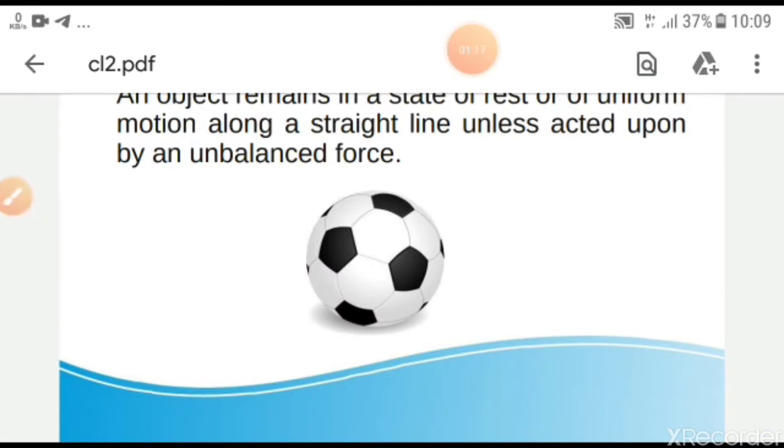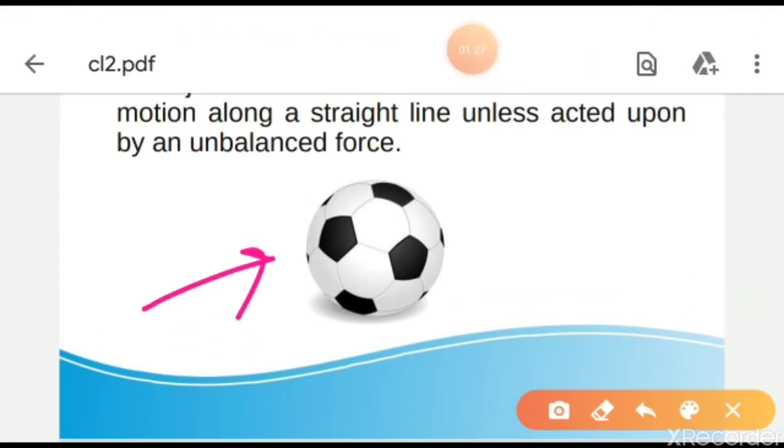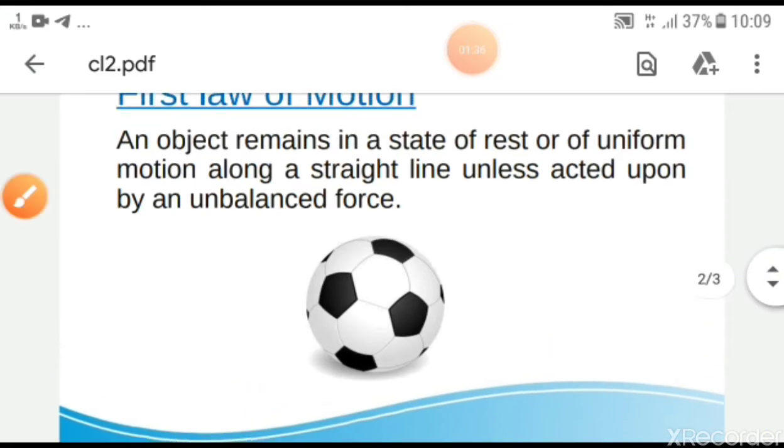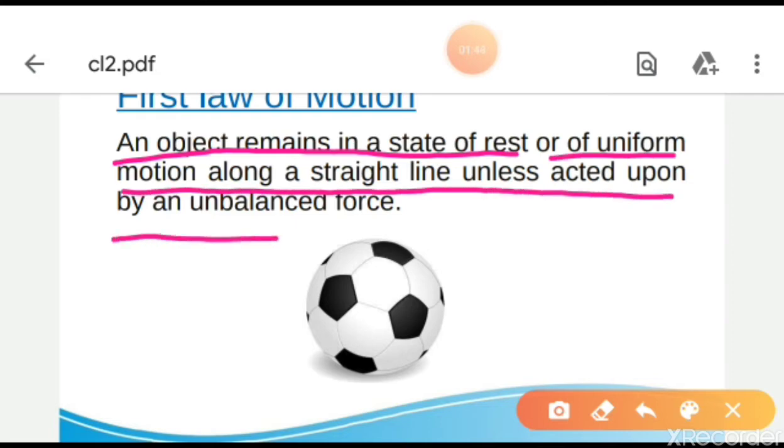This ball will remain at rest if we do not apply any force. So it will remain in the state of rest. An object remains in a state of rest or of uniform motion along a straight line unless acted upon by an unbalanced force.